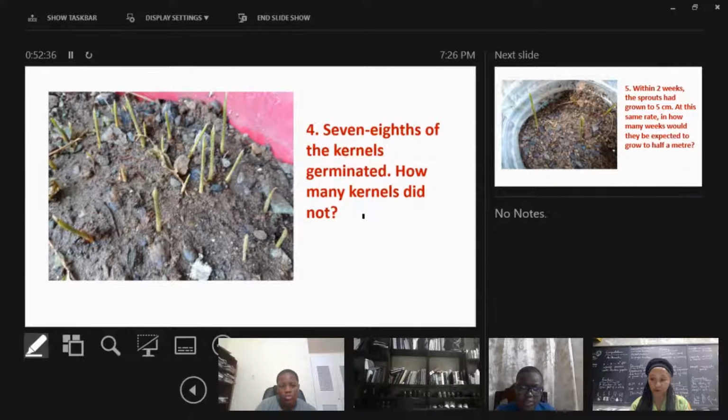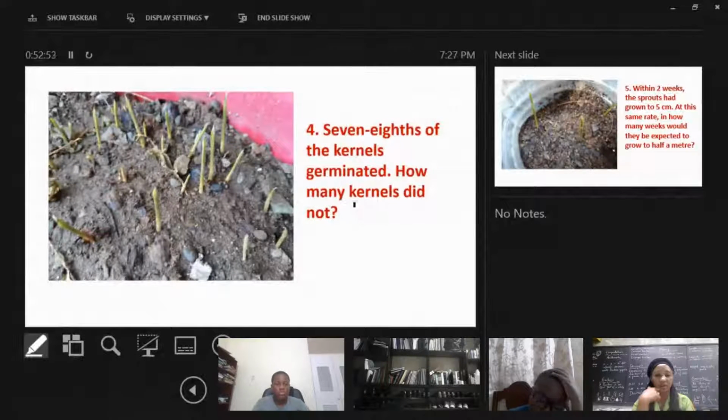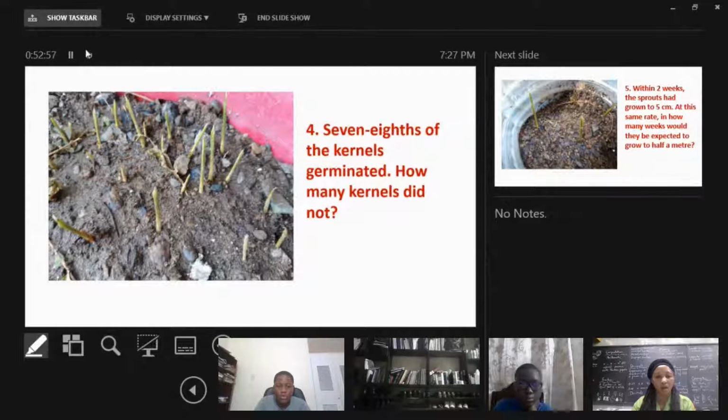Who remembers? 480, Miss. So 480 kernels. 7/8 of the kernels germinated. How many did not germinate?